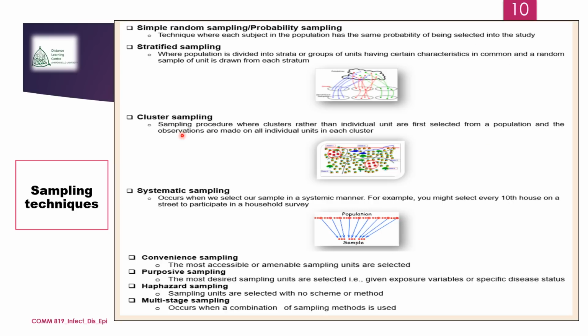Okay, then another sampling technique is cluster sampling. Here, it is a sampling procedure where clusters rather than individual units are first selected from a population, and the observations are made on all individual units in each cluster. This is straightforward.